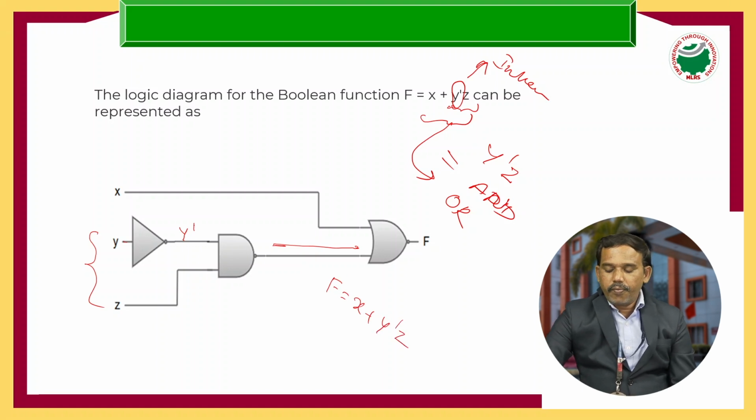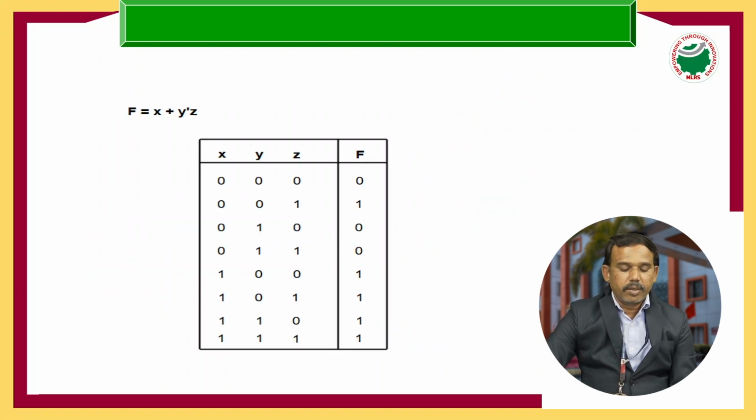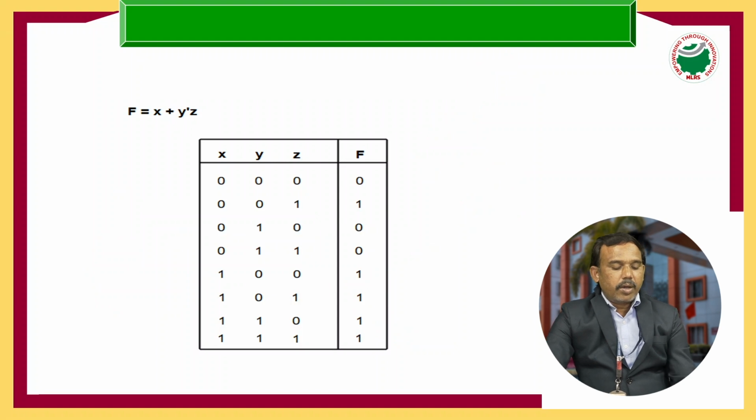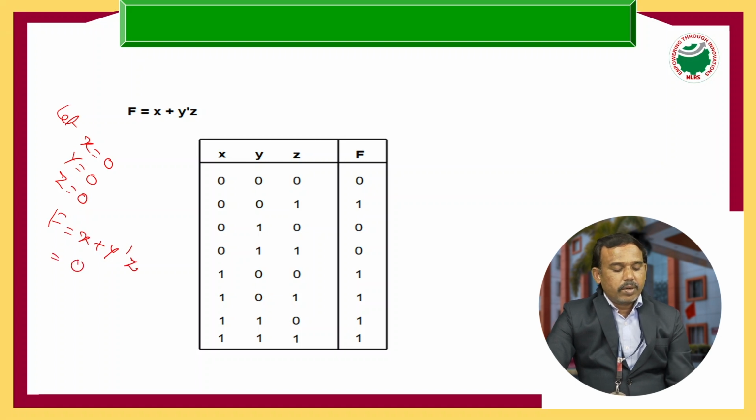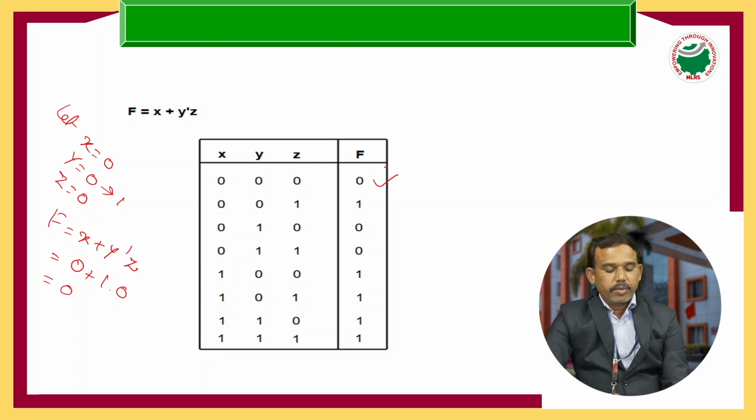So let us see the truth table for f equal to x plus y complement z. Let x equal to 0, y equal to 0 and z equal to 0. Then f equal to x plus y complement z. So x equal to 0 plus y complement, which is 1, 1 into 0, then 0.